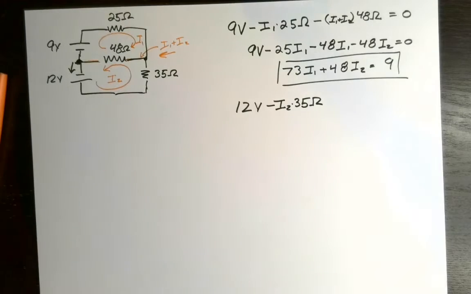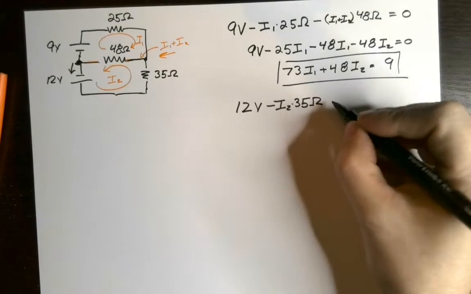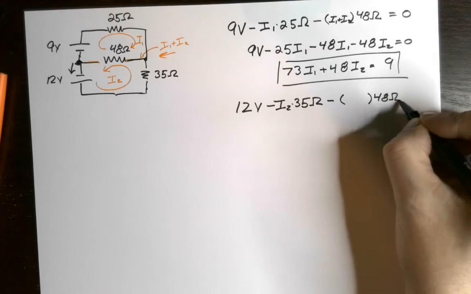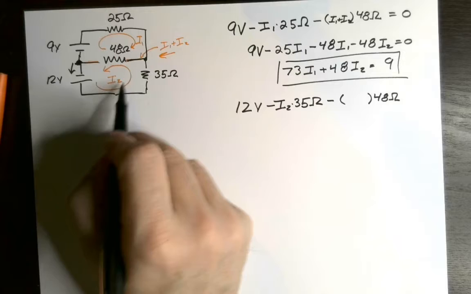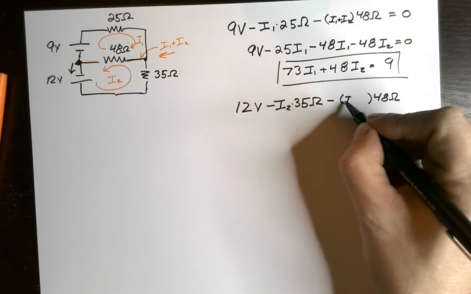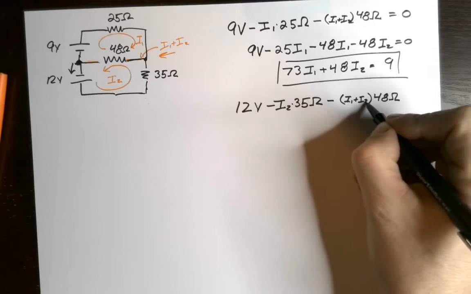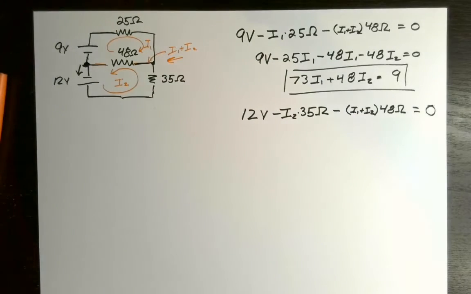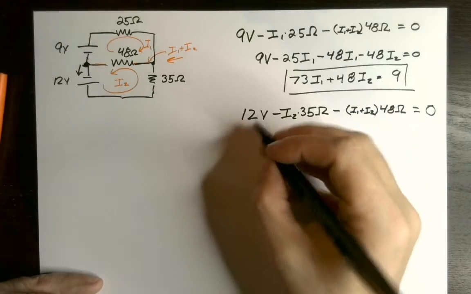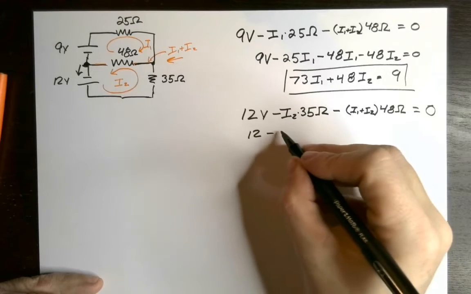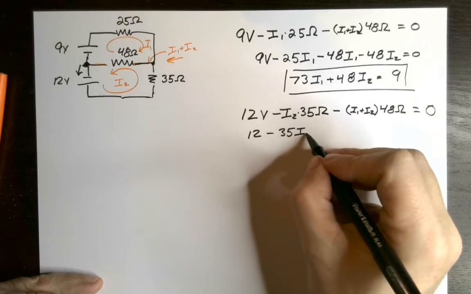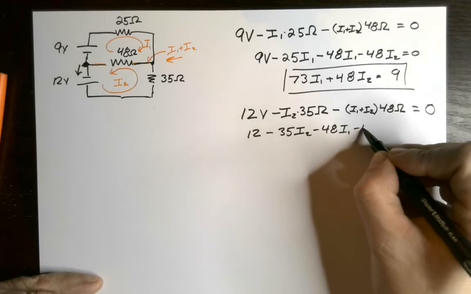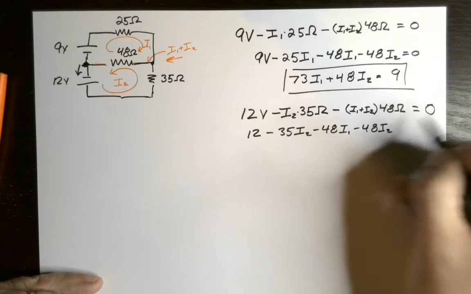Then I go through the 48 ohm resistor, so there's a potential drop of that current times 48 ohms, where that current, again, I'm going with I2 and I1 together, so that current is I1 plus I2. And then I get back to where I started, so the total potential drop is 0. So I've got 12 volts minus 35 I2 minus 48 I1 minus 48 I2 equals 0.